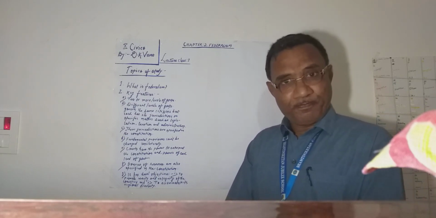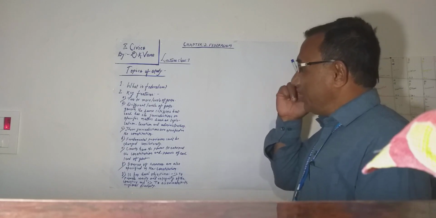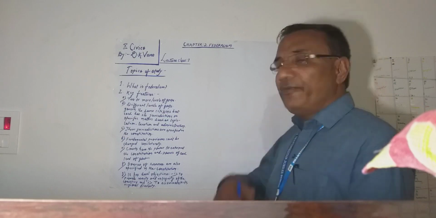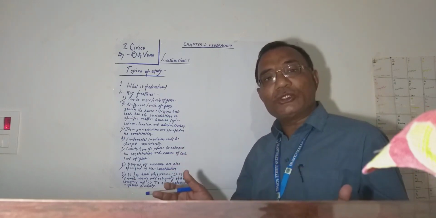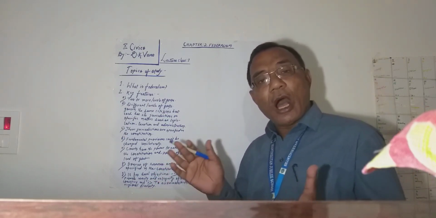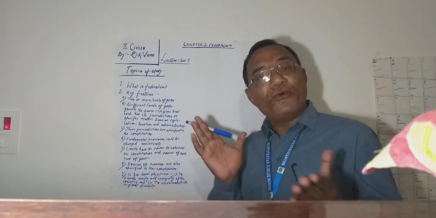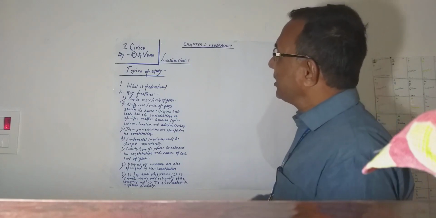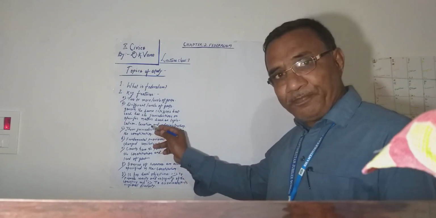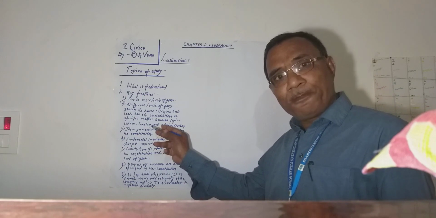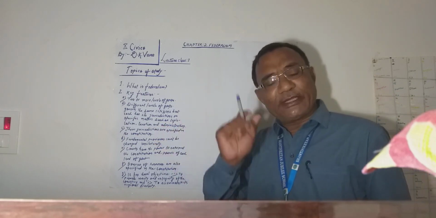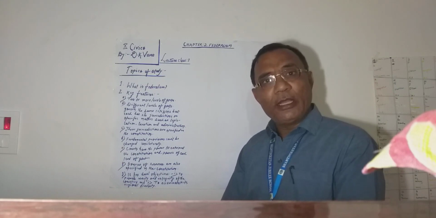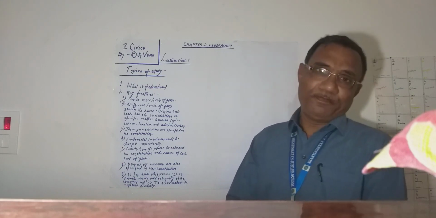So, students, whenever we talk about matters of legislation, it becomes very clear that the fields of making laws are different for the central government and the state governments. Take another subject, taxation. In a federal nation, the fields of taxation are also specified for the central government as well as state governments.